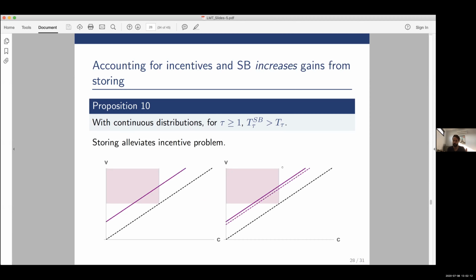And so the second best no deficit constraint is less tight because that distribution is better. And so that means that you distort the mechanism less away from first best. And so that's exactly the way in which storing traders alleviates the incentive problem.